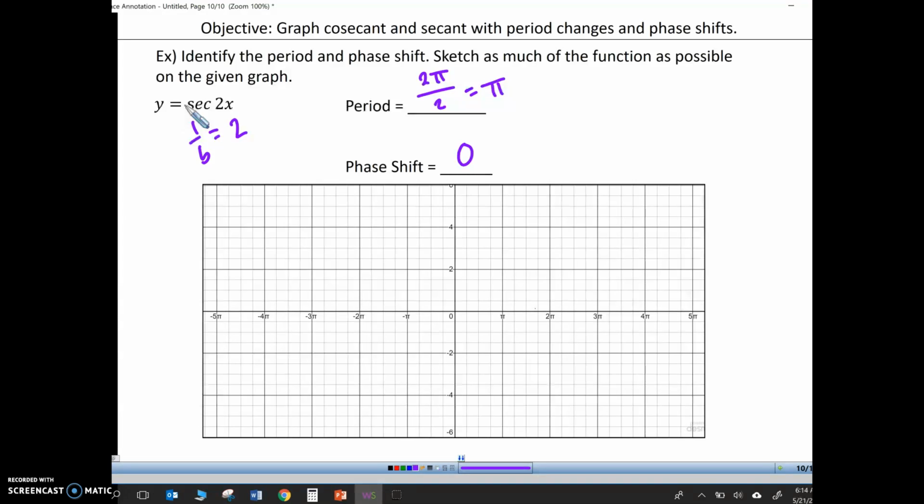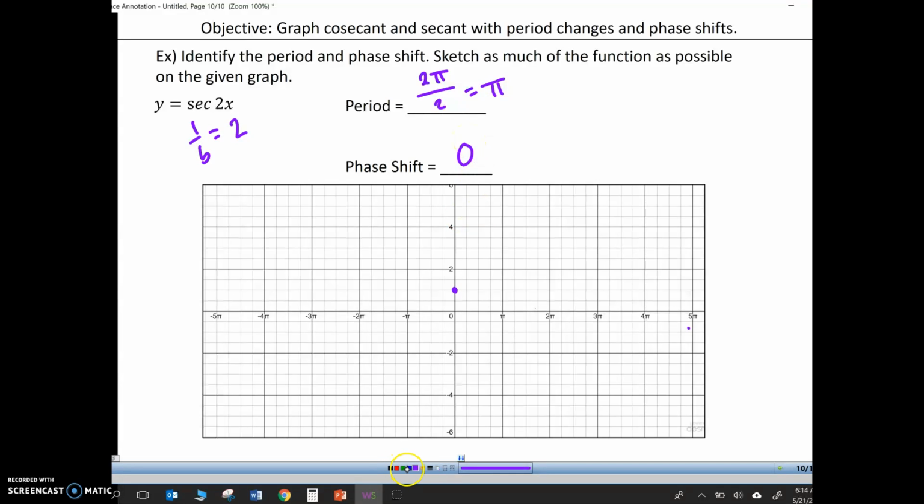So we'll go ahead and graph this. Again, what you should note is that your parent function, the anchor point 0, 1, that's going to remain unchanged, and our period of pi is going to be split in two for a maximum and a minimum.